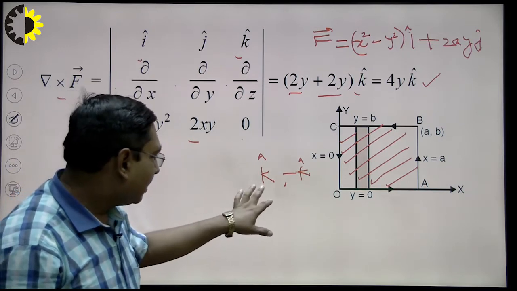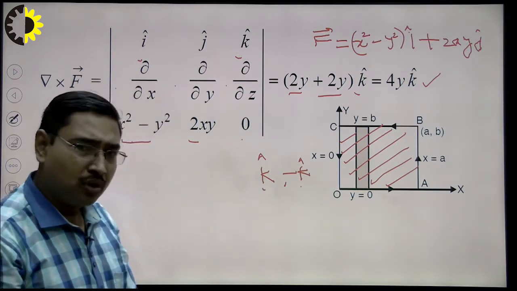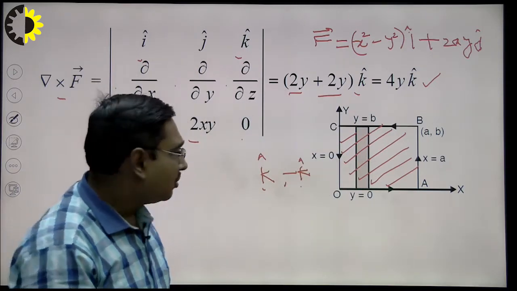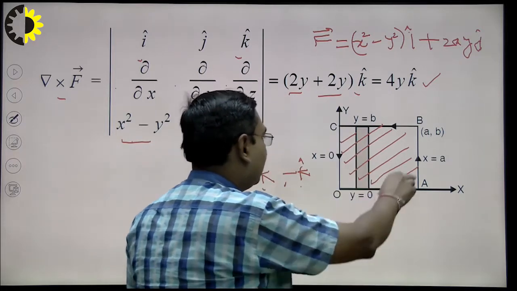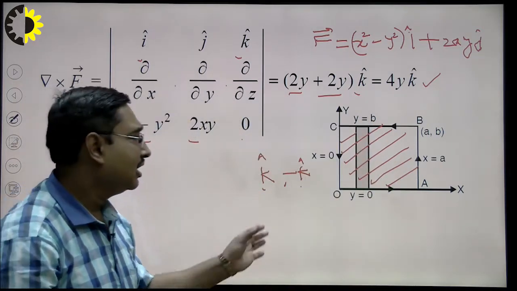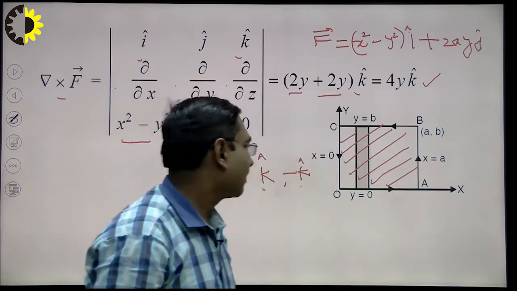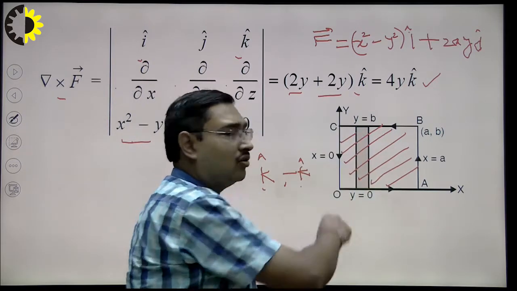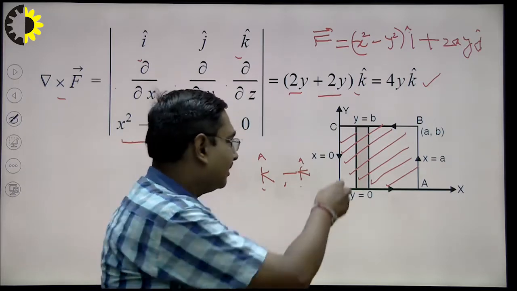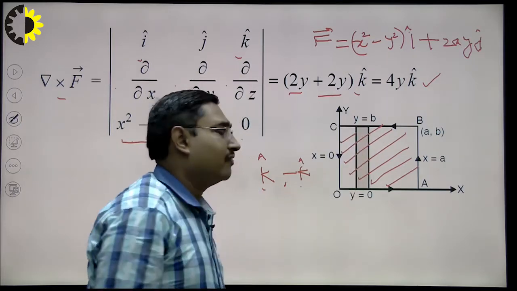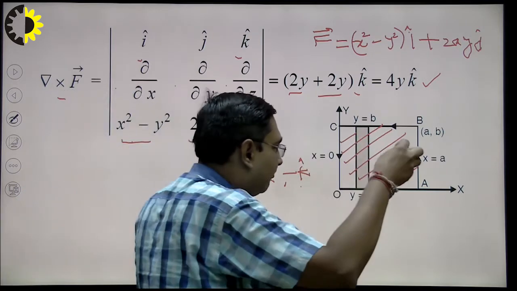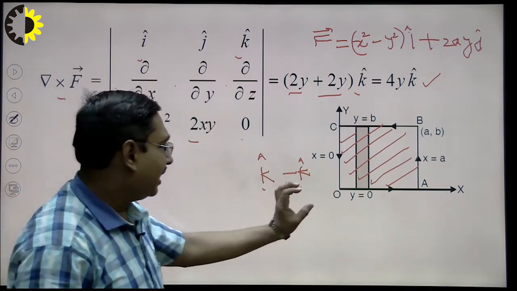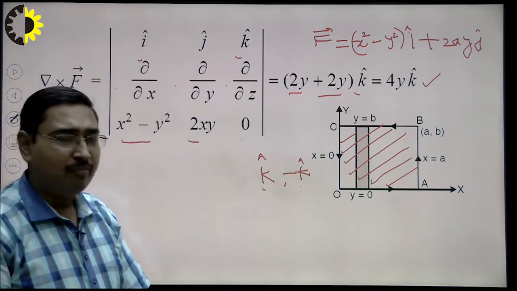Now, among these two vectors, I have to choose the suitable vector according to the orientation of this curve C, because this curve is mentioned in the anti-clockwise direction. I have taken C to be anti-clockwise as our earlier convention. So, when I consider this xy plane and move in the anti-clockwise direction, following the rule of screw, as I rotate the screw in the anti-clockwise direction, the tip of the screw will point out of the board, and clearly it will be the direction of the positive z axis.